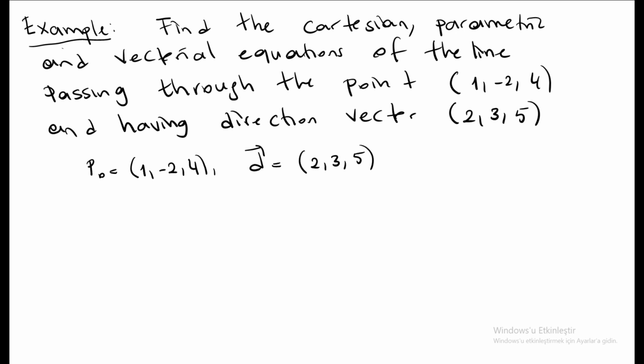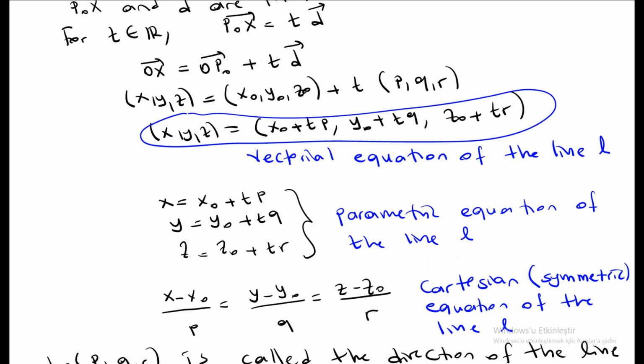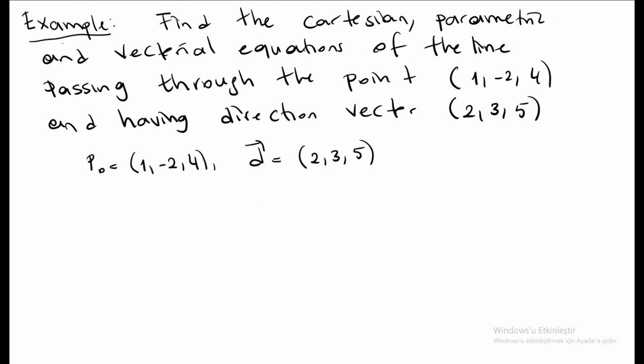So if I use the above equations, then I can write this one: (x minus 1) over 2, (y plus 2) over 3, and (z minus 4) over 5 equals t. So this is the Cartesian equation.